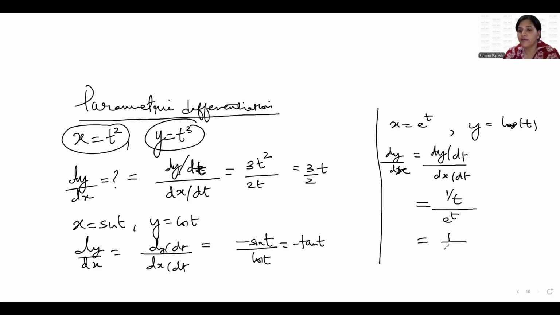So what will it be? 1 upon t e power t. This is called parametric differentiation. So parametric differentiation is useful to calculate dy by dx when both y and x are explained in terms of a third variable. And the formula is given. It is not very difficult. It is simple.